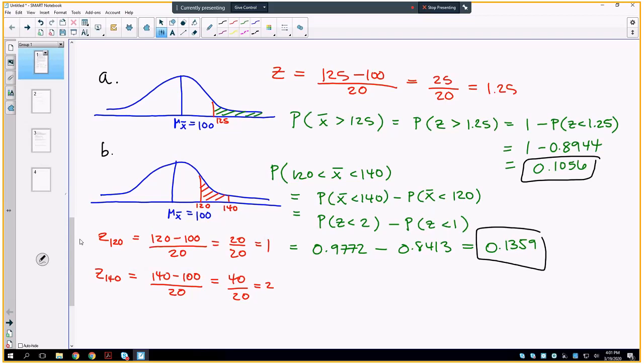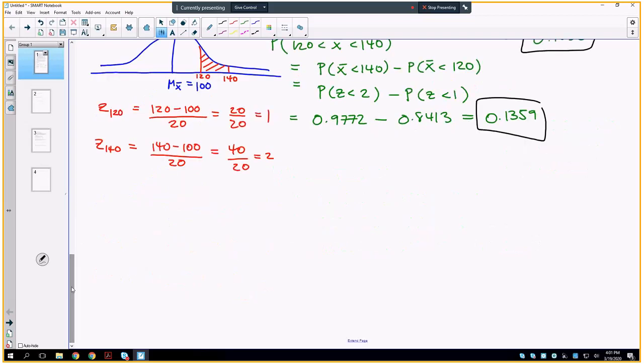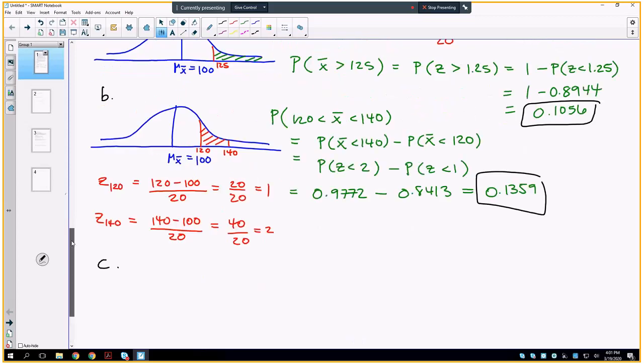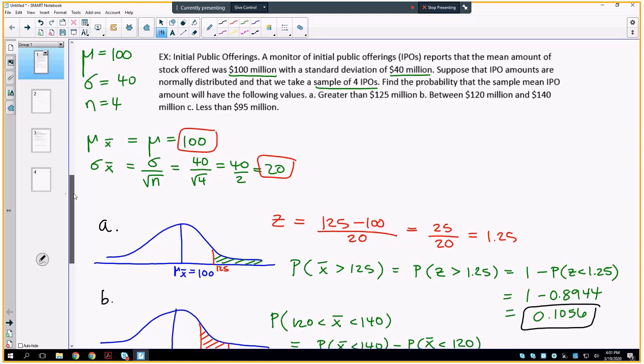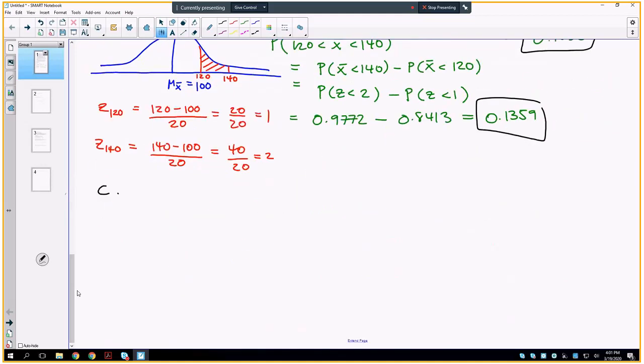All right. And part C, lastly, it asks what is the probability that the sample mean IPO amount will be less than 95 million. So if I have a look at my distribution, and I know that mu x bar is here in the center, it's 100.